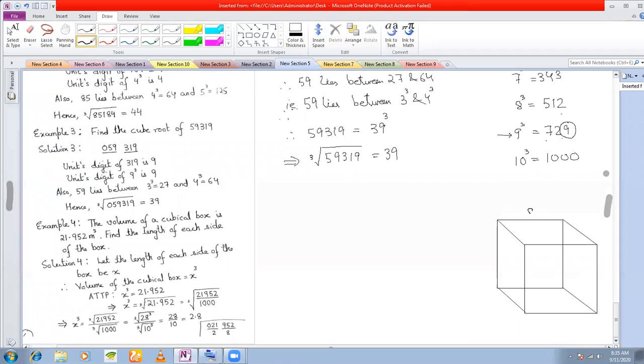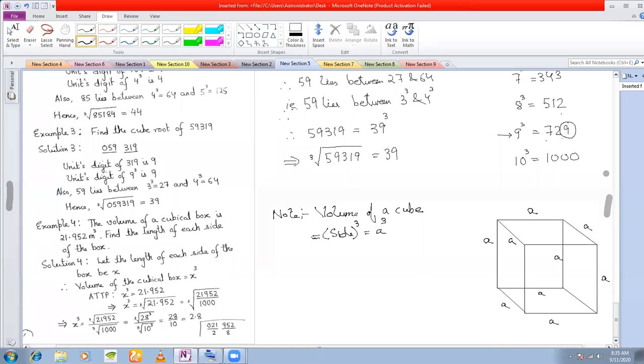All the sides of the cube, the length of the sides, are equal. All these are A. And you know that the volume of a cube, if the length of each side is A, is side cube, isn't it? A cube. This is the volume of a cube, A cube, if each side is of length A.